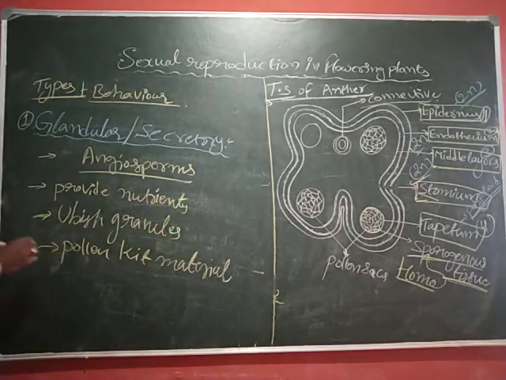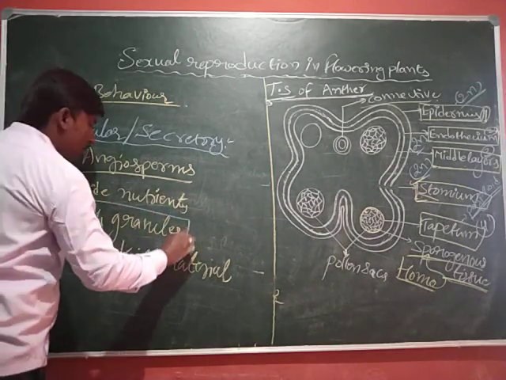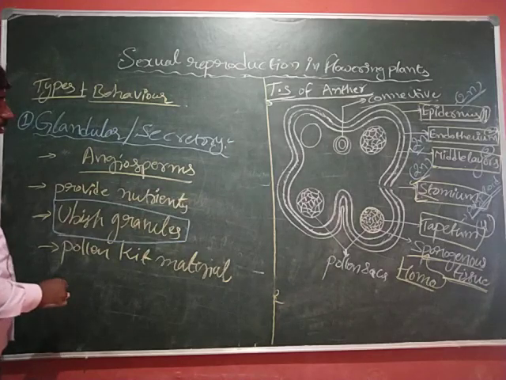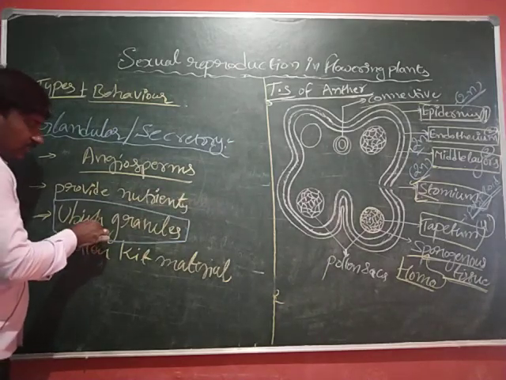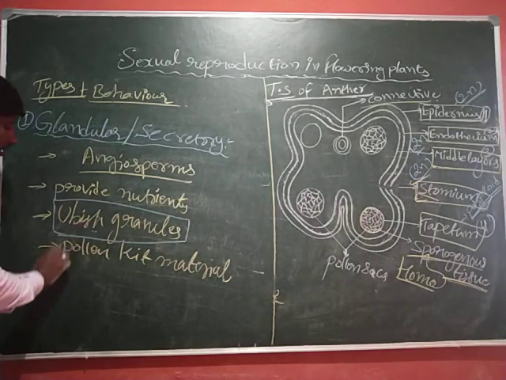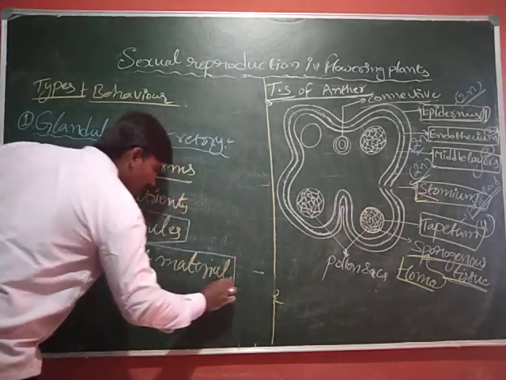These points are very important. So the glandular or secretory tapetum secretes, or produces, Ubisch granules and pollen kit material.